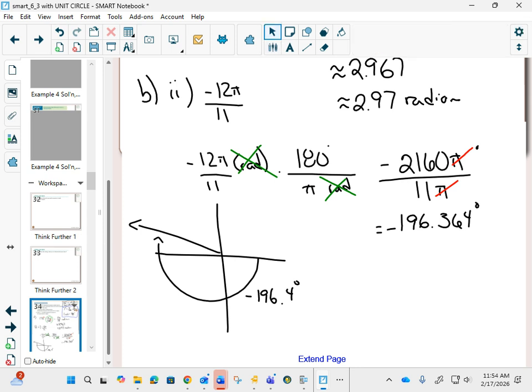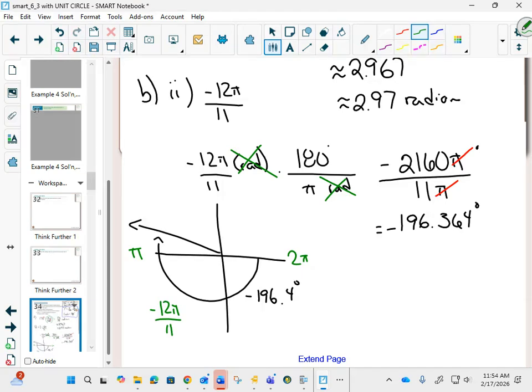But we are also going to develop a way of thinking so you can do this as well. Okay? Halfway around a circle is pi. All the way around the circle is 2 pi. As a fraction, negative 12 over 11.